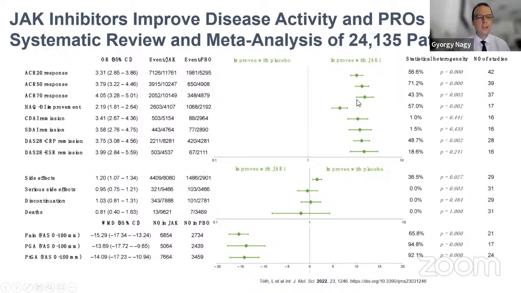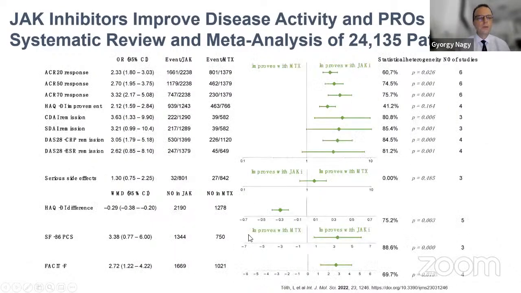Obviously, the ACR responses are much better in case of JAK inhibitors than placebo. And here, if we come back to pain and physician and patient global, again, we had a much better response with JAK inhibitors than with placebo. Probably more interesting to see what happens if we compare JAK inhibitors with methotrexate.